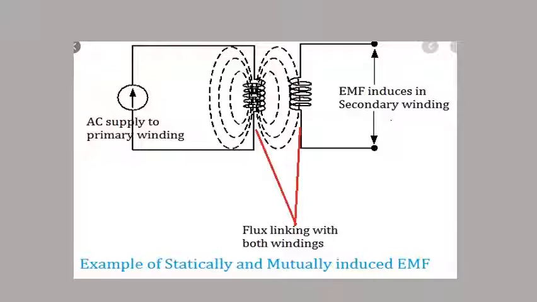In this whole scenario, the conductors are in a stationary position, whereas the magnetic flux is changing due to the input supply. So in this case, the magnetic field is changing in the presence of a stationary conductor. This is the example of statically induced EMF, and the term mutually induced EMF will be discussed in the coming slides.